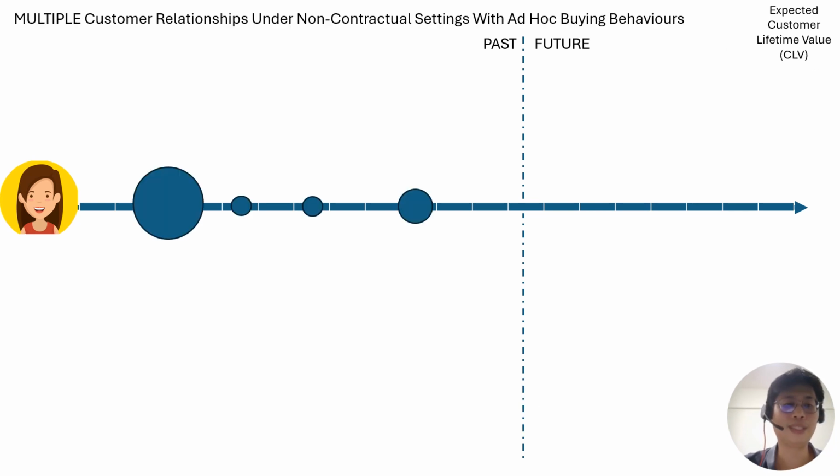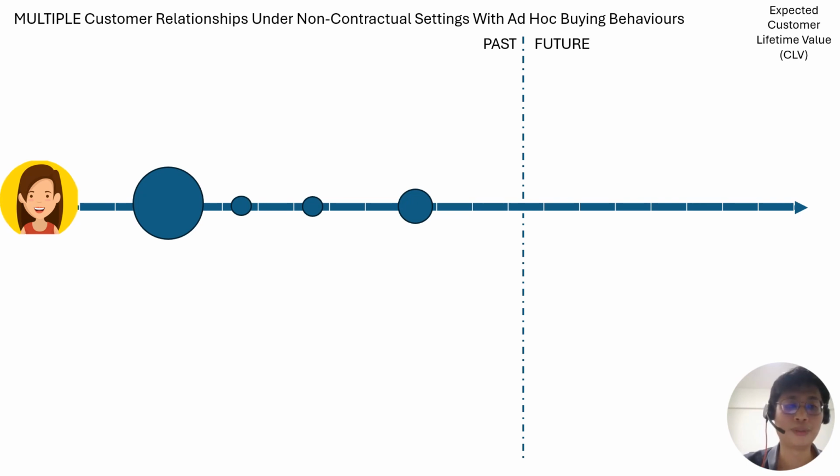So in reality, what you probably end up with is a scenario where you've got some sort of historical transaction record, where this bubble is indicative of the size of how much they've spent.